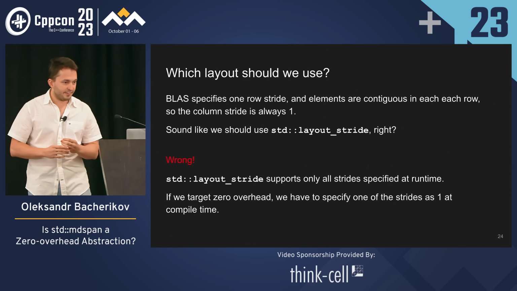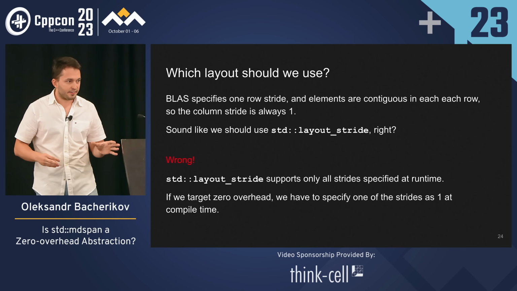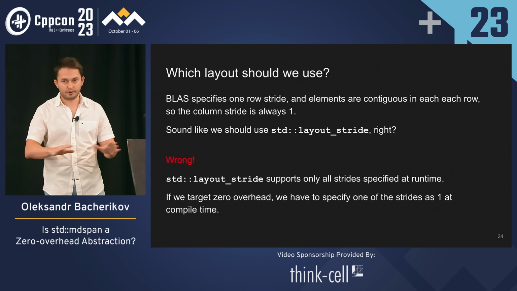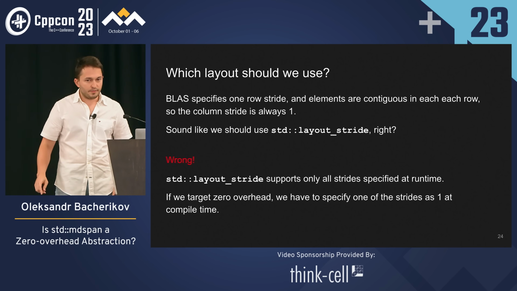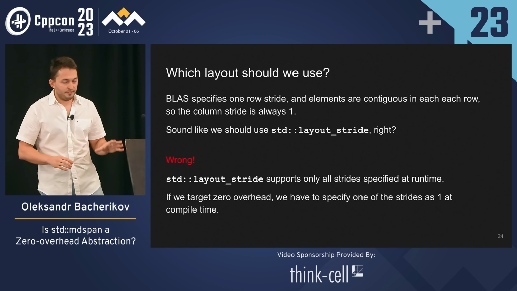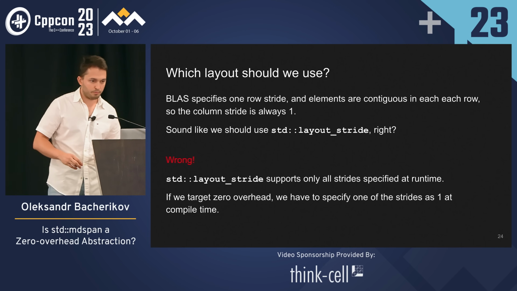Well, it turns out not really, because it has this limitation that it supports only all strides known at runtime, not at compile time. So if we target 0 overhead, we definitely should aim to specify this stride of 1 at compile time.